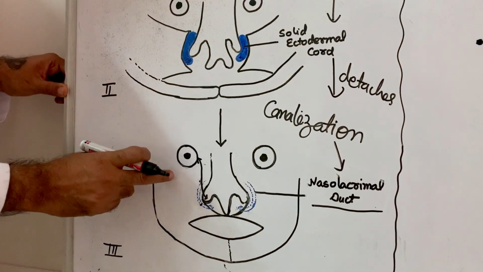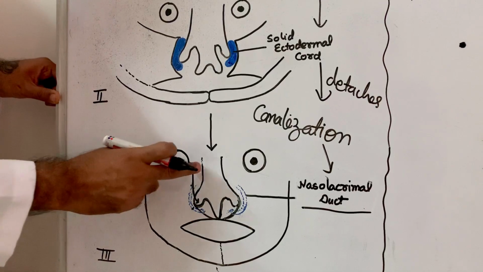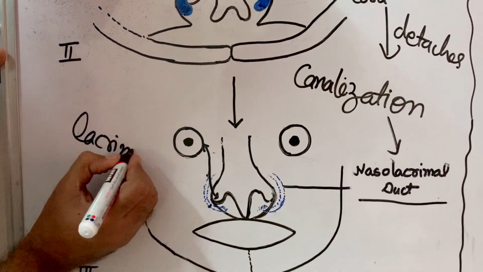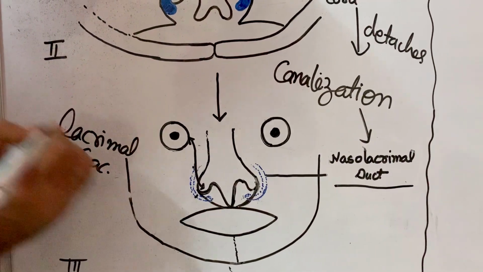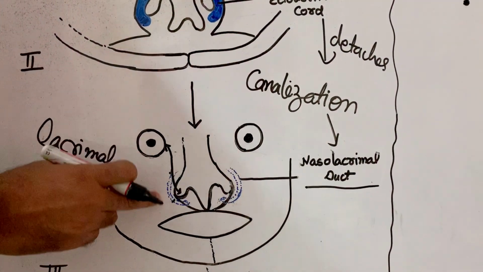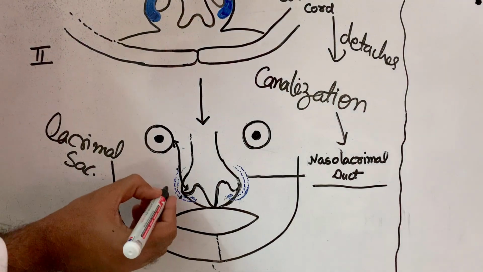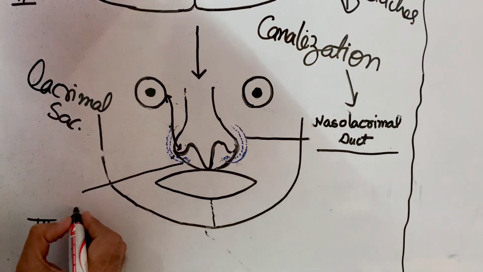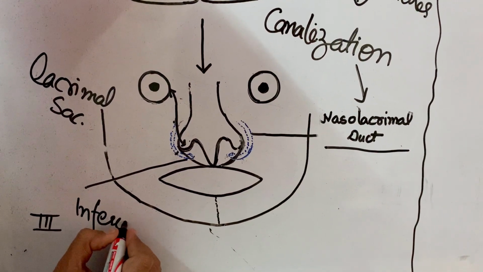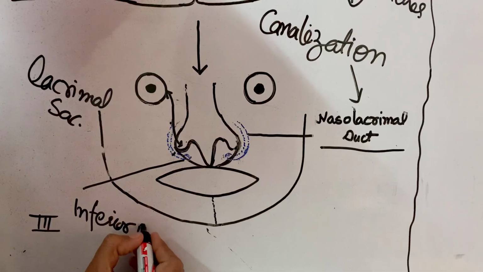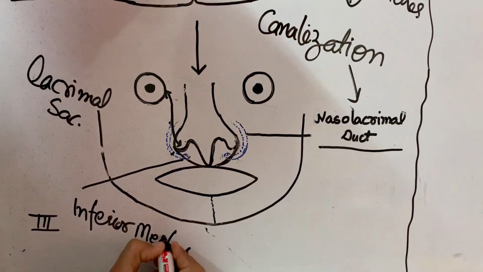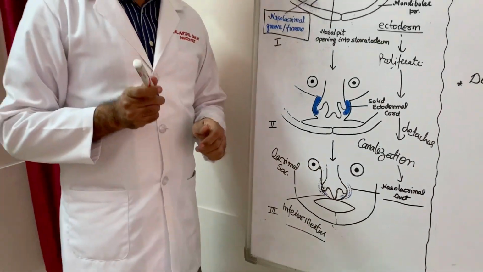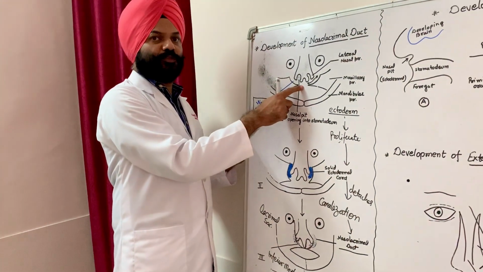At the level of the medial angle of the eye, it opens as a lacrimal sac, which is the most widened part of the nasolacrimal duct, and at the level of the nose, it opens into the inferior meatus. Thus, it forms the communicating link between your eye as well as nose.